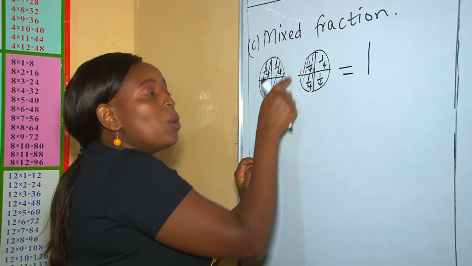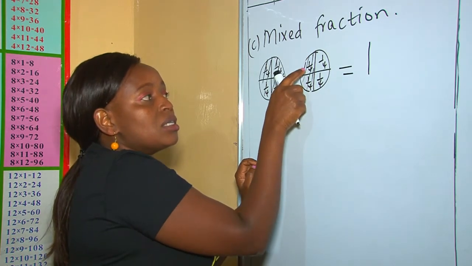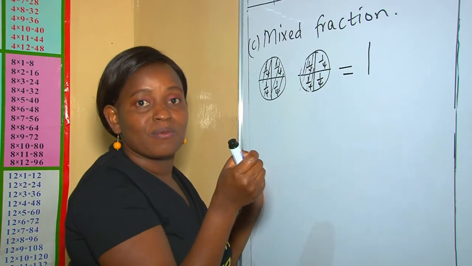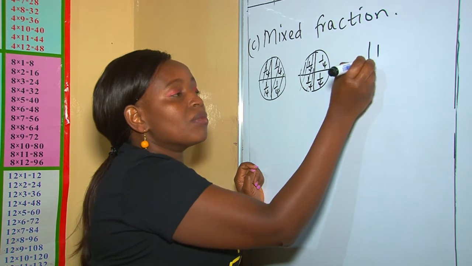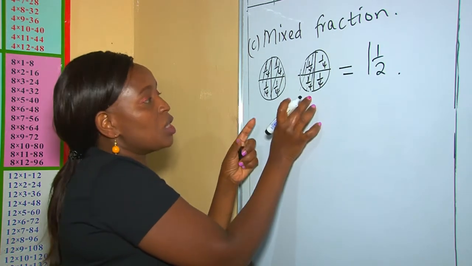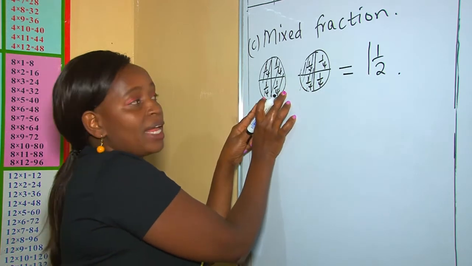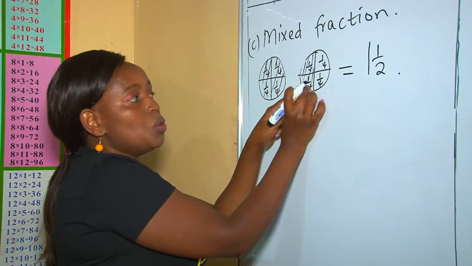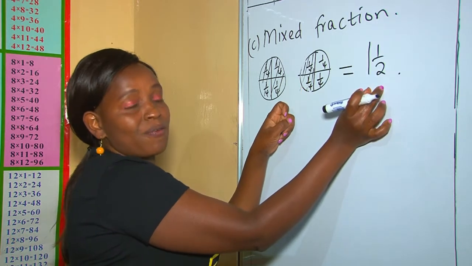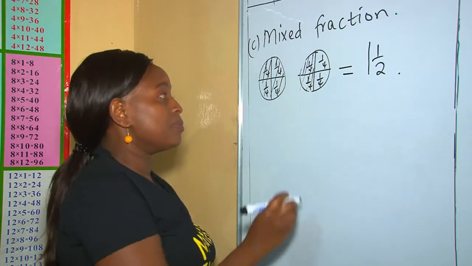And this one will be written as 2 parts. Remember, 2 quarters makes a half. Therefore, to write this as a fraction is 1 whole and 2 quarters, which are a half, which is 1 and a half. Let's have another example.